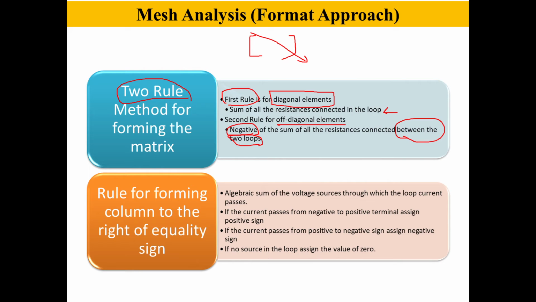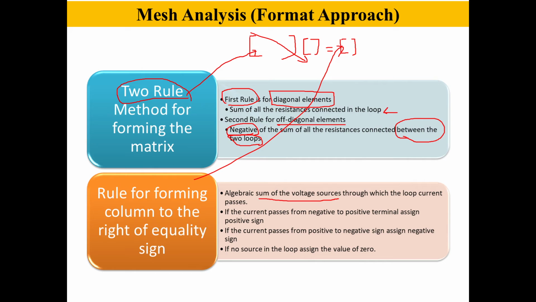So what is the rule for forming the column after the equal to sign? This is how you draw the matrix, correct? We are using this approach. The first two rules are to form this matrix. The next rule is to form this column which is right of this matrix. How do you form the column? It is the sum of the voltage sources.